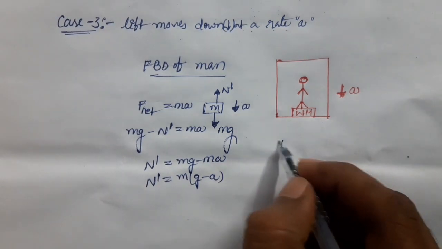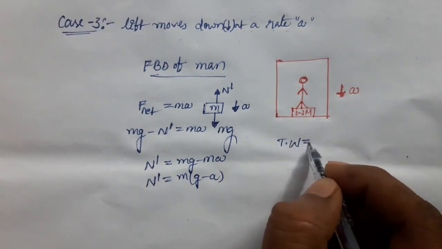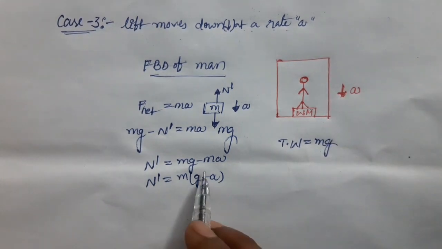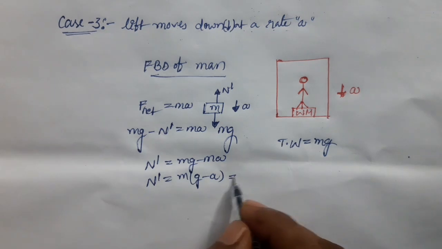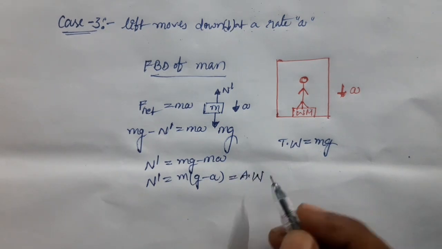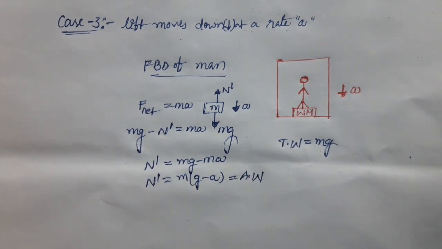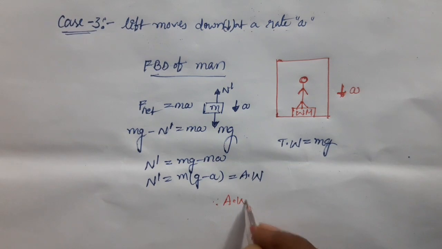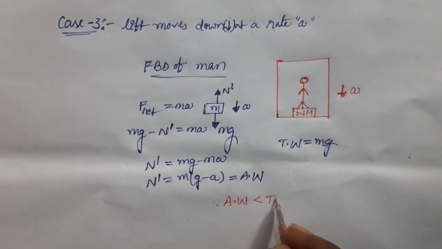Already we know that the true weight of the man is equal to mg. As compared to this true weight, it is less. This apparent weight as compared to true weight is less, students. So we can write the condition: apparent weight is less than true weight, students.